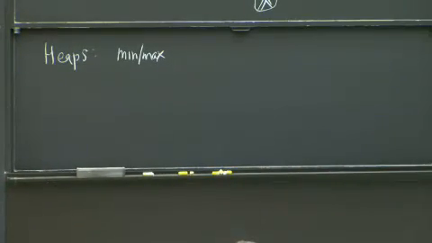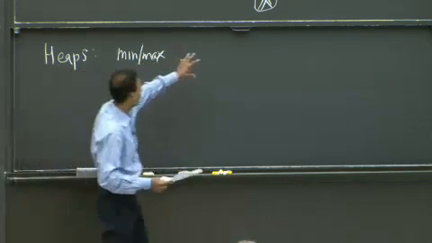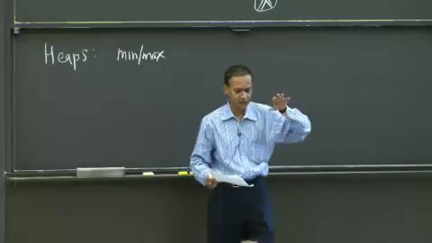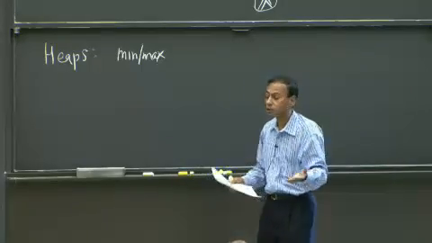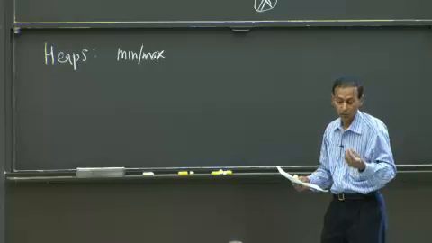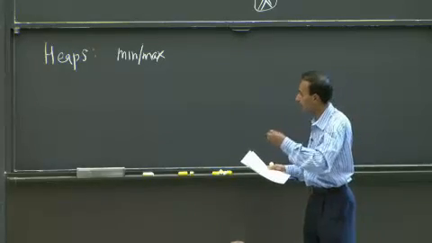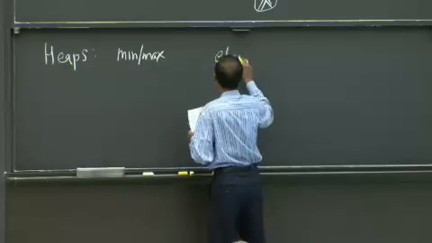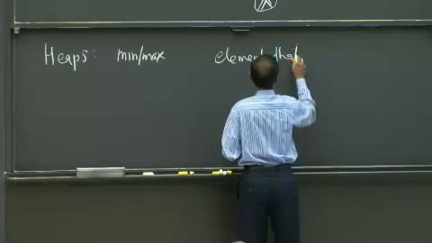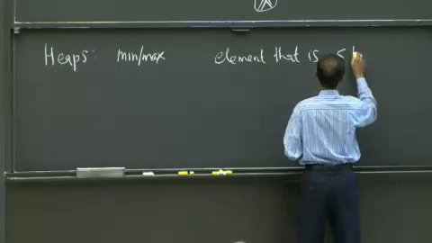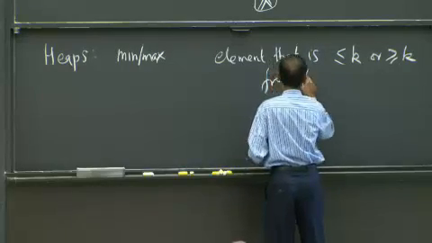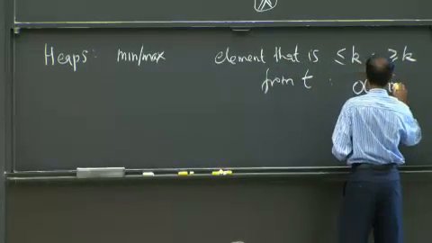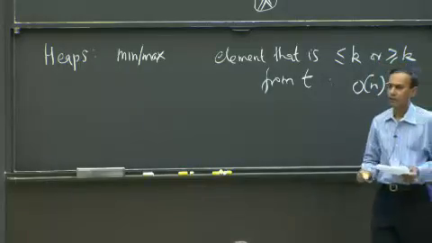It essentially says the min element has to be the root, so you can do that one operation pretty quickly. But if you want to see if there's an element in the heap that is less than or equal to or greater than or equal to t, this is going to take order n time. Okay? Good.